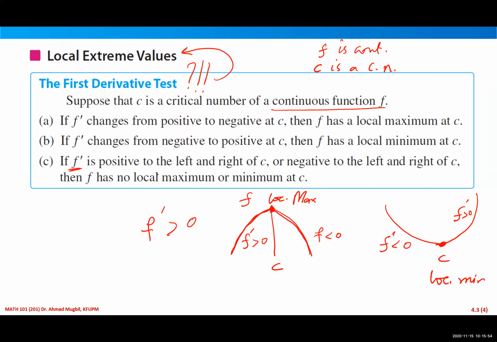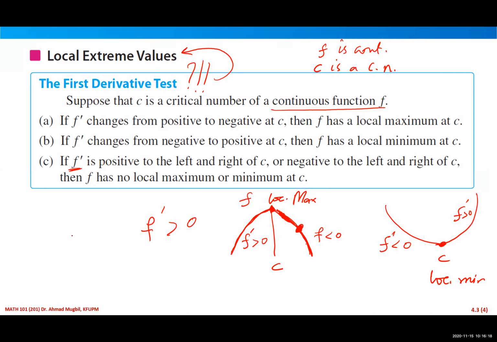Then there is a positive on both or negative on both. Then f has no local maximum or minimum, like this, for example, here at this point, ya shabab. Is there any change? Here the derivative is negative. Here it is negative. So after it and before it, it is negative. Then there is no local maximum or local minimum at that point.